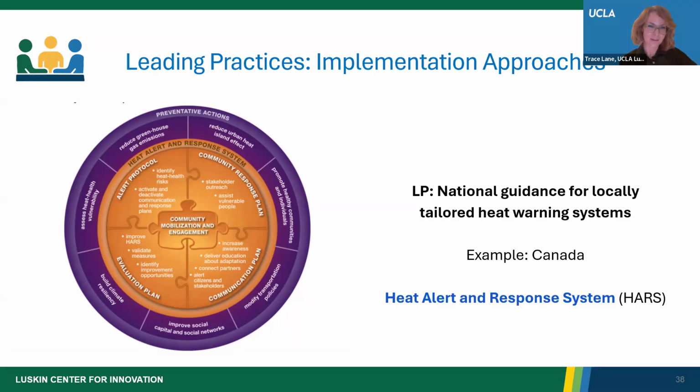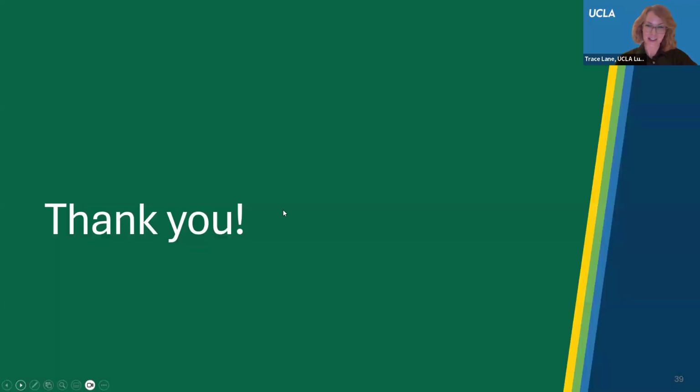Each heat warning system in the supporting plan is developed through support mechanisms from the national level, but they're invited to tailor it to their needs, even considering their own unique local thresholds. And so that concludes the highlights from our findings. Next slide. I appreciate your attention, and I will pass it back to Catherine.